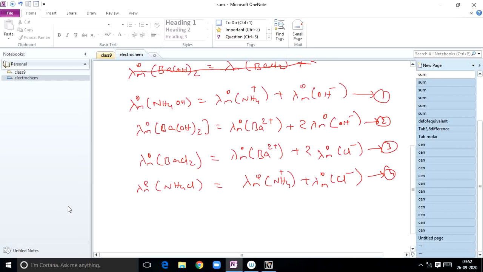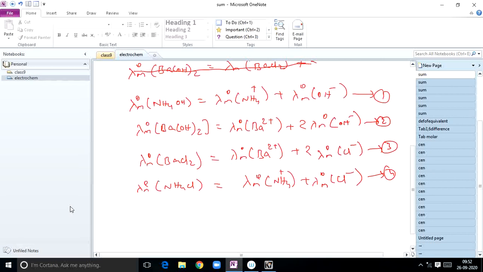2 minus 3 if you do, here only one OH minus ion we have to get. For that, what will you do? I want lambda m naught of NH4OH. Come on, do it. 2, 3, 4 equations you take, students. After taking 2, 3, 4 equations, you have to bring out the relation. So do it quickly.